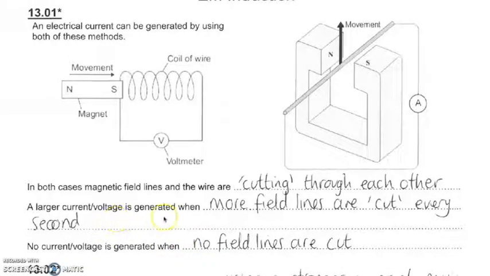A larger current or voltage will be generated when more field lines are cut every second. So if we've got a faster movement, or a larger length of the wire being present in that magnetic field, we're going to generate a lot more current or voltage.